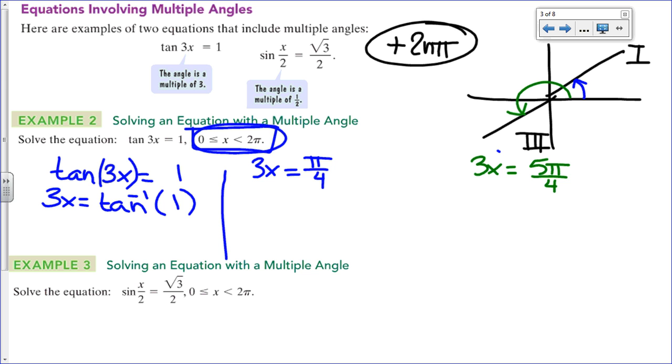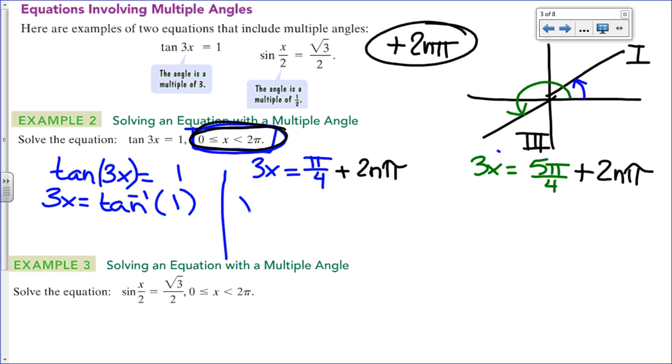I know we're saying that we only need a certain number of solutions, but trust me, this will work. So we add plus 2n pi to both sides, and then we divide by 3. Okay?